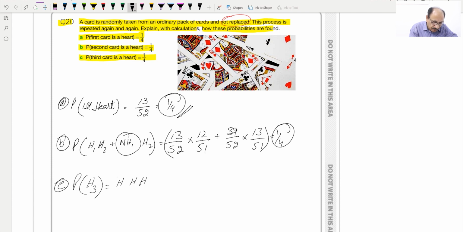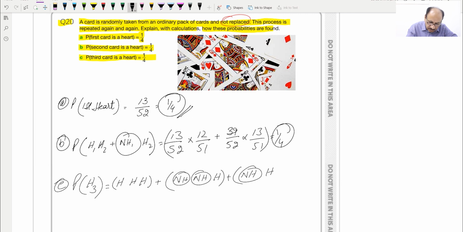So the second probability will be first not heart, second not heart, but third one is heart. Then next probability can be first one not heart, but next two both heart.